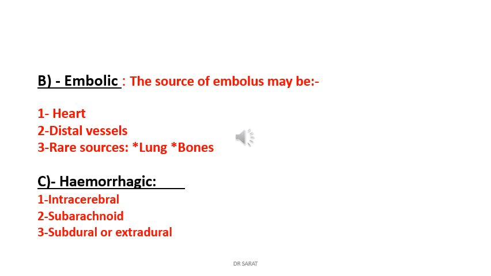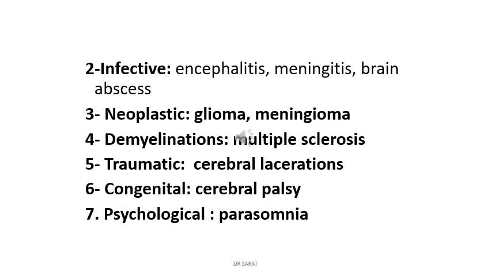Hemorrhagic causes, I already discussed: intracerebral, that is into the brain, and subarachnoid, subdural or extradural, that is around the brain. Mostly it is intracerebral and subarachnoid, and rarely subdural or extradural hemorrhage is also seen sometimes. So these are the main reasons for hemiplegia under the heading vascular causes.